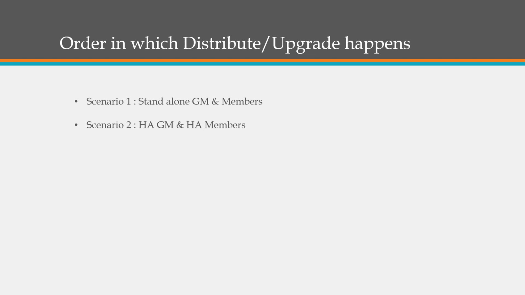The actual upgrade doesn't start on the active node of the grid master. Instead, the first node that gets upgraded is the passive grid master node, so that the network services and all the operations remain intact.